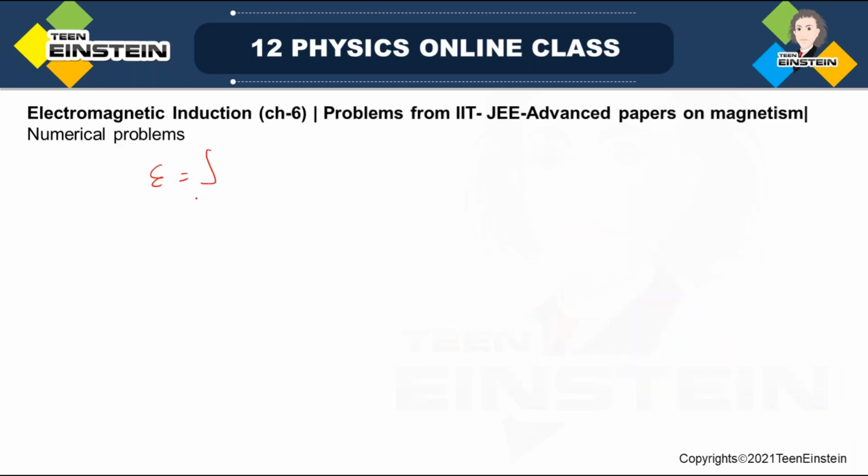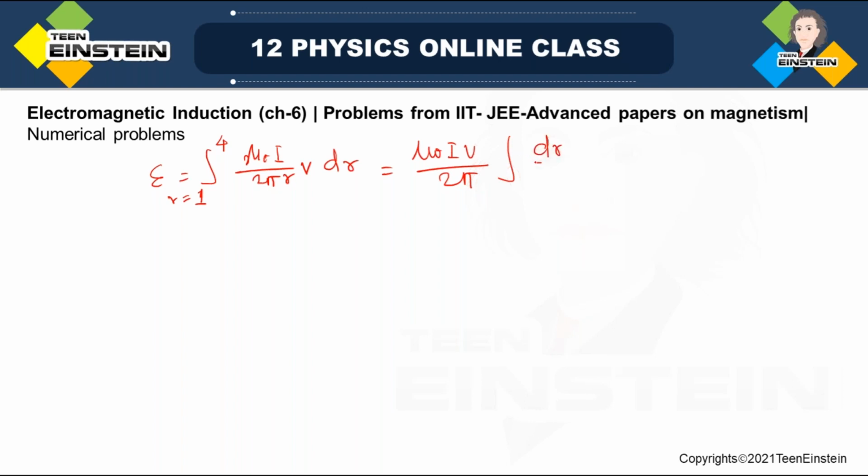So E will be the integration, r equal to 1 to 4, and B is actually mu 0 I by 2 pi r, times v and dr. So mu 0 I v will be as it is, 2 pi I'll take out, and v also will come.